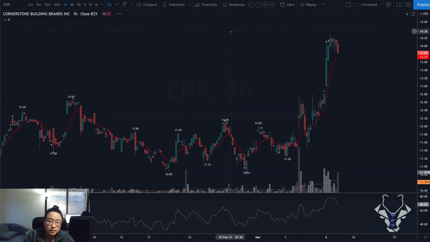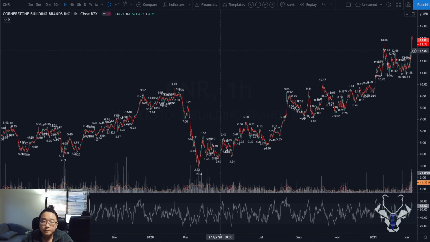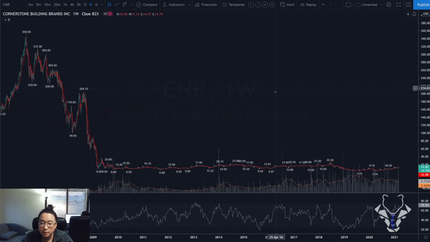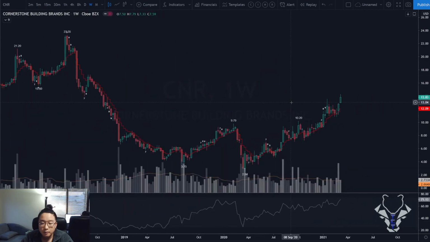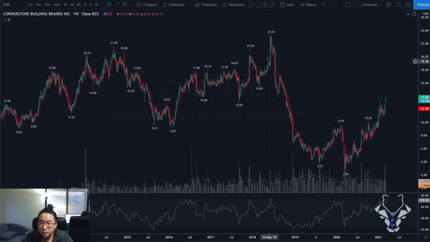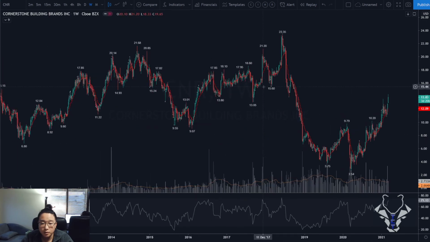Next, CNR. Cornerstone? Oh, okay. Chart is new, no it is not. Okay, new lows, potential for Adam and Eve pattern, but that's usually at the top of a trend, or reverse.